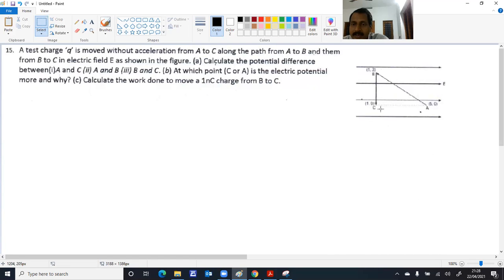This is point A, this is point B, this is C. The charge is moved from A to B, then to C. Calculate the potential difference between A and C. It's a uniform electric field E. So you know the formula for potential difference, right?